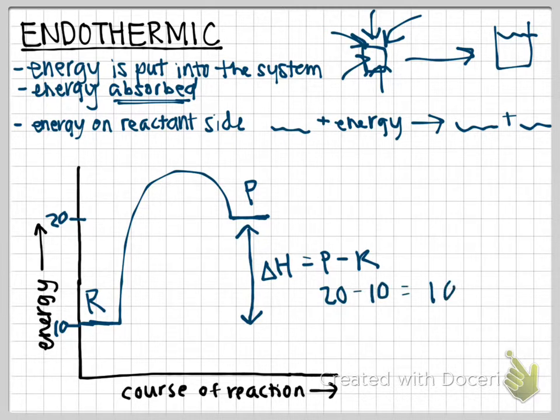So delta H would be 10 kilojoules. And so endothermic always means that it is going to have a positive delta H. Delta H and Q are the same thing, so endothermic also means a positive Q.